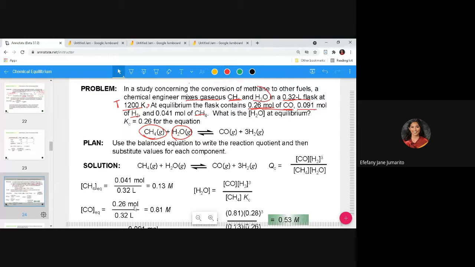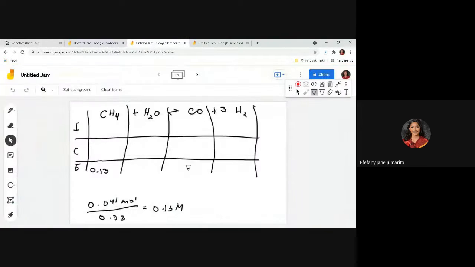So 0.26 divided by 0.32 liters. So the concentration is 0.81 at equilibrium.